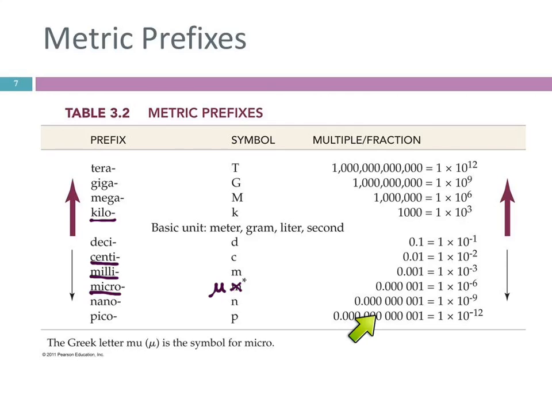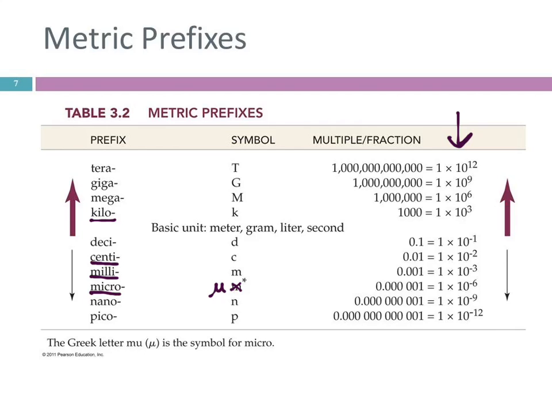So you'll be referring to this table frequently, and I think the most useful part is this part right here, the 10 to the something. If you look at these exponents, most of them are factors of 3. These go up 3, 6, 9, 12. Here we've got -1 and -2. Those are right there in the middle. And then the rest of these are 3, 6, 9, 12 again.